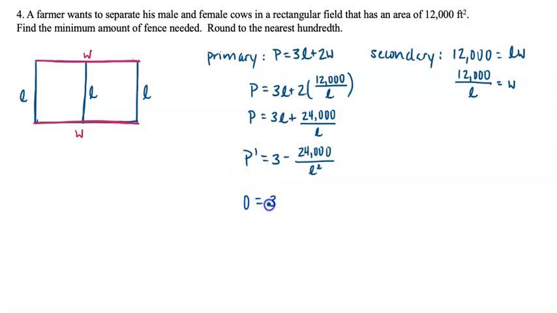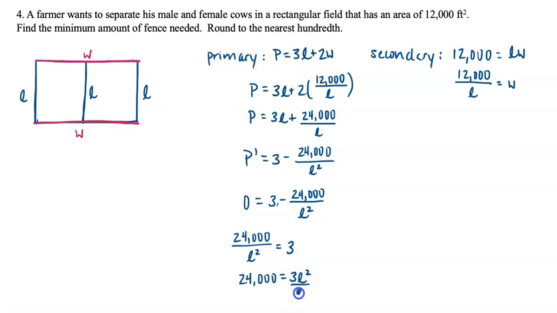When we set the equation 0 is equal to 3 minus 24,000 over L squared, let's add this term to both sides and get 24,000 divided by L squared is equal to 3. We want to isolate this L squared. It's a problem in the denominator, so let's just multiply it by both sides so it can be in our numerator. So we've got 24,000 is equal to 3 times L squared.